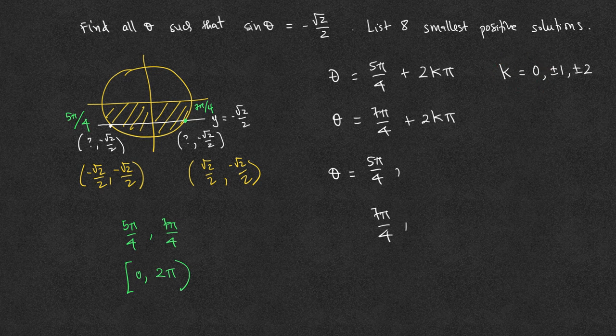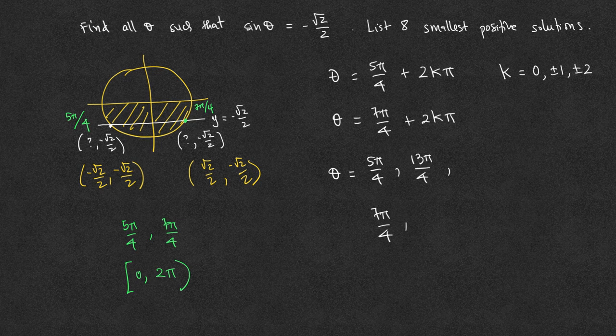Next, we set k equals positive 1. When k is positive 1, we have 5 pi over 4 plus 2 pi, which is 5 pi over 4 plus 8 pi over 4. So this is 13 pi over 4.